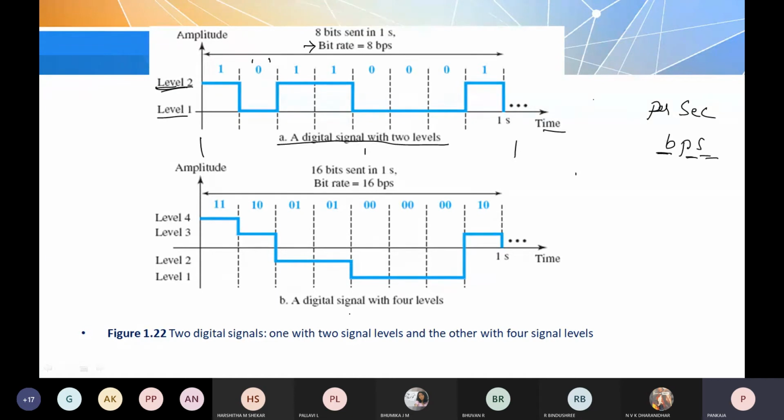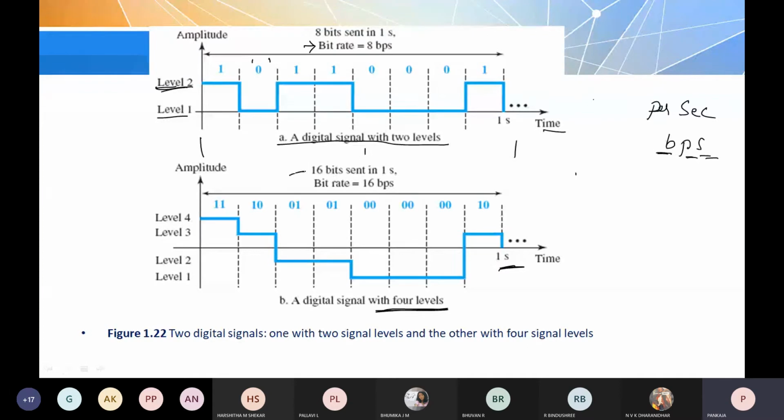So this is how we can represent the data using more levels, more than 2 levels. It's possible. Digital signals with 4 levels, where each level indicates 2 bits of information. So now in this case, in 1 second how many bits are sent? You can just observe. It is 16 bits. You can just count it.